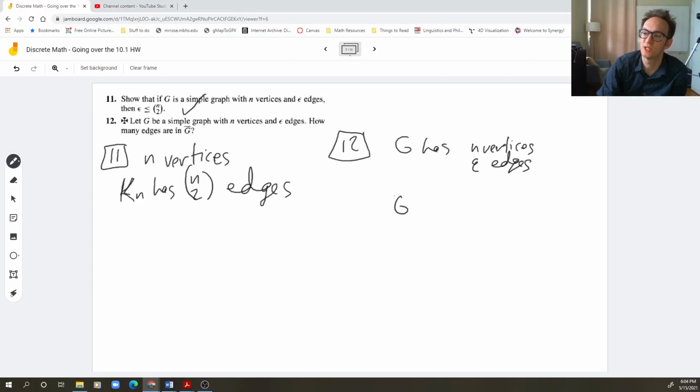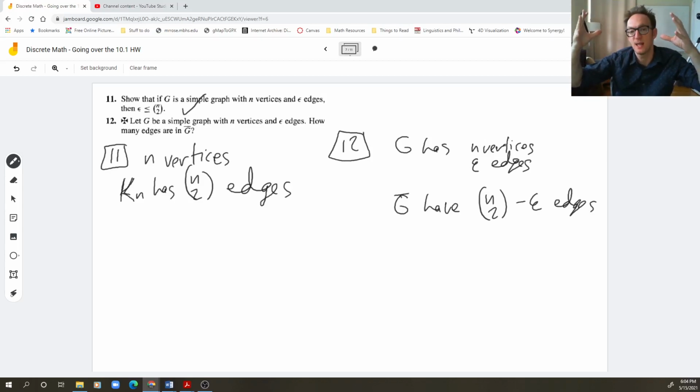Well, then G complement will have n choose 2 minus epsilon edges. Because the complement is the graph where there's an edge between two vertices if there wasn't before. So together, all the edges in G and all the edges in G complement combine to make the complete graph, which has n choose 2 edges. So I think that's pretty easy.